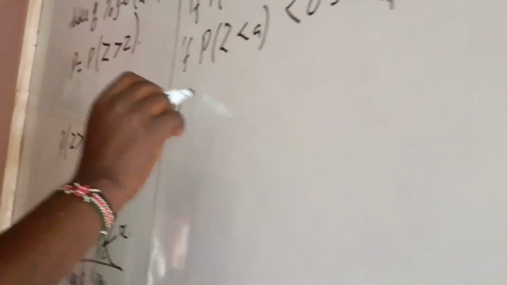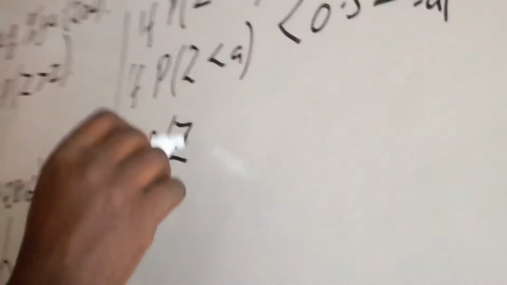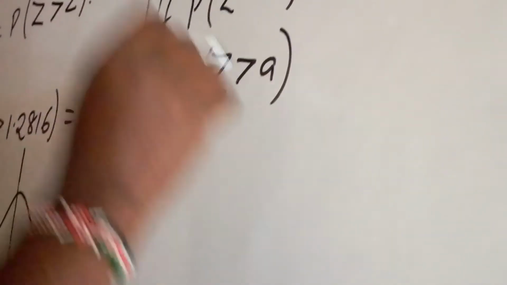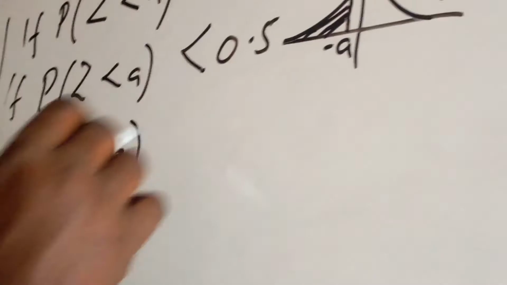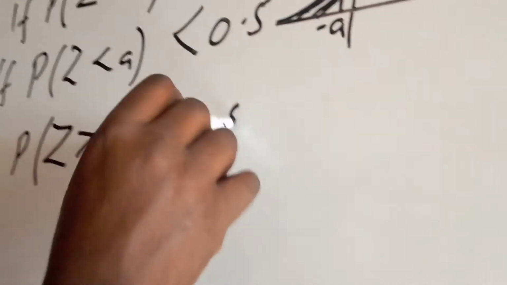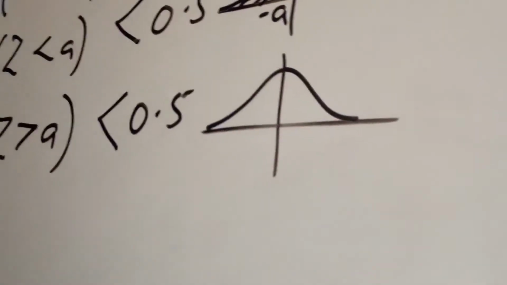And if there is the probability of a certain z greater than a, where a again is a boundary, and this one is less than a half, we can demonstrate it this way.